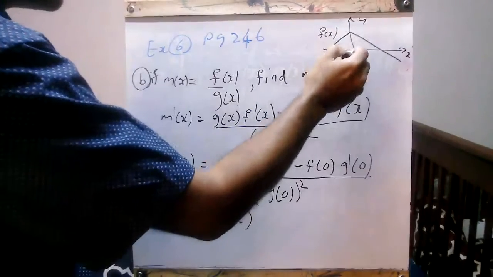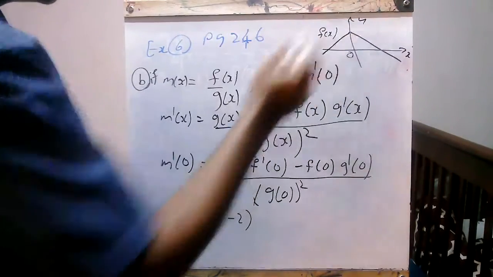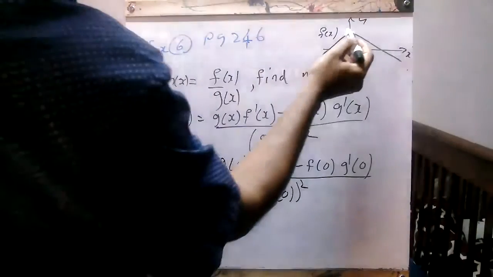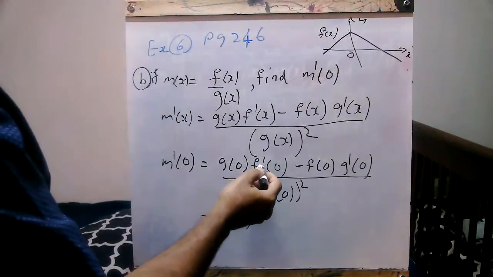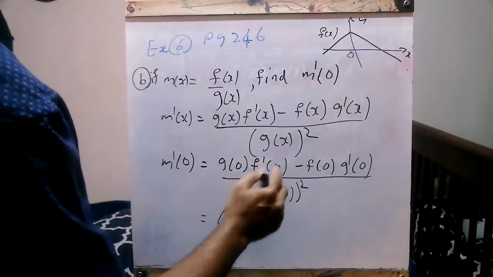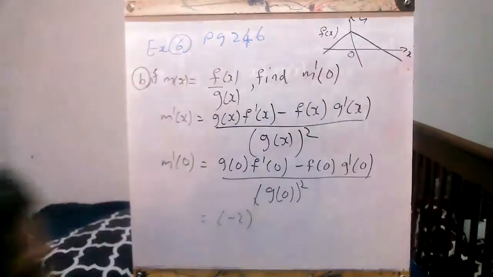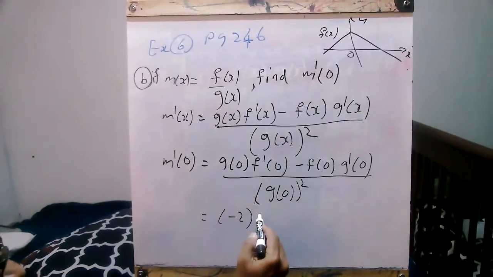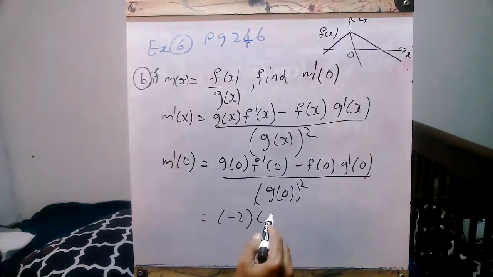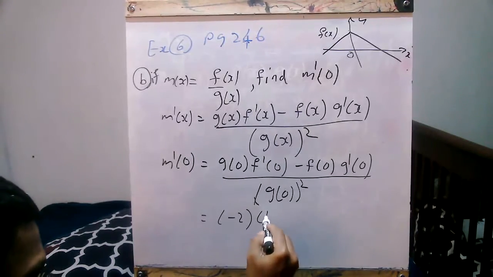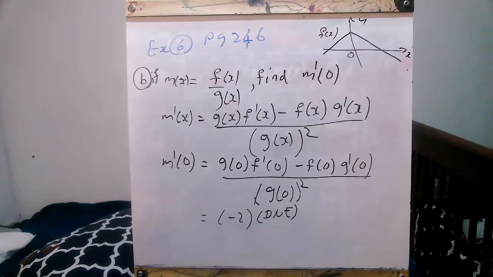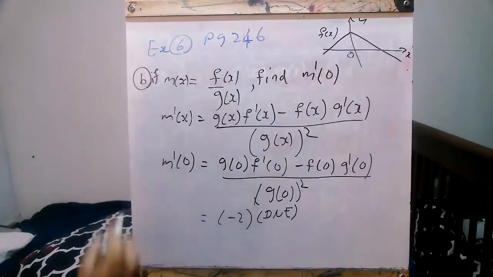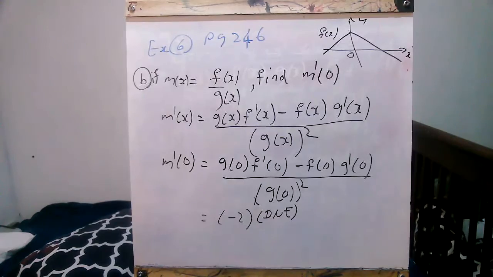But f'(0) means derivative at this point. We learned this. Derivative of sharp points is undefined, right? Therefore f'(0) here does not exist. Undefined or does not exist. Once one of them does not exist, the whole thing m'(0) is undefined.